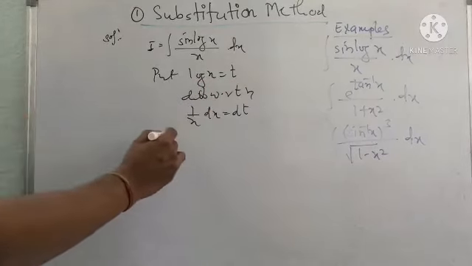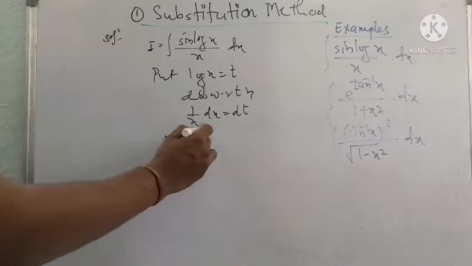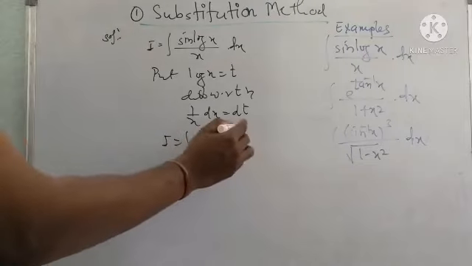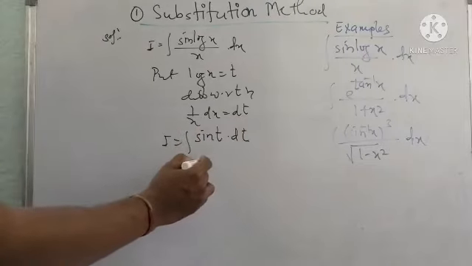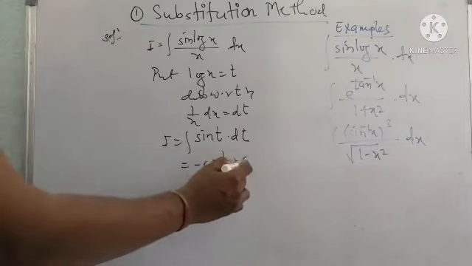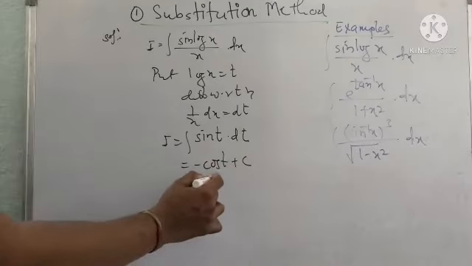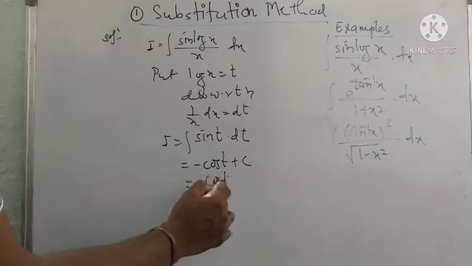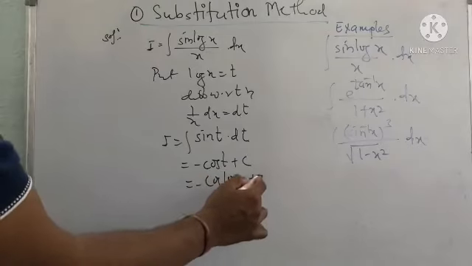So I is the integration of sin of t, and 1 upon x dx is equal to dt. So the integration of sin t is minus cos of t plus c, and finally we resubstitute in terms of x, that is t is equal to log of x, plus c.